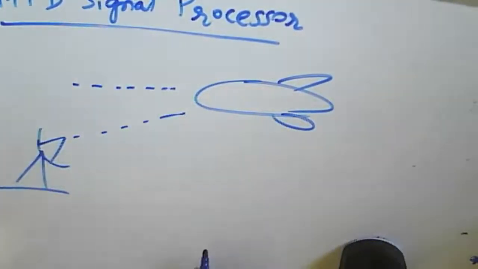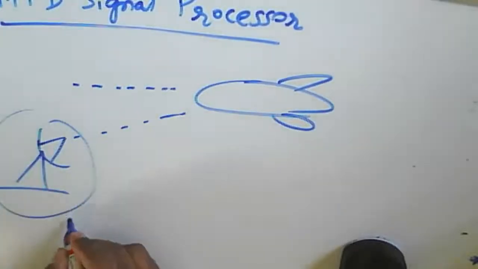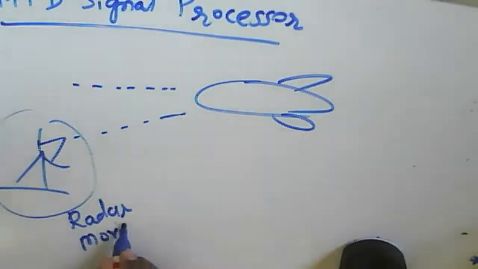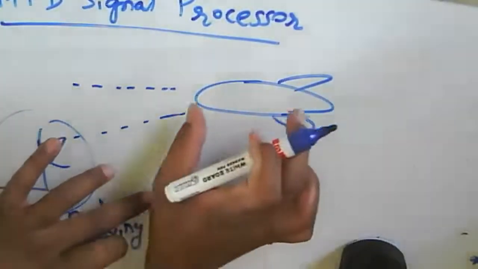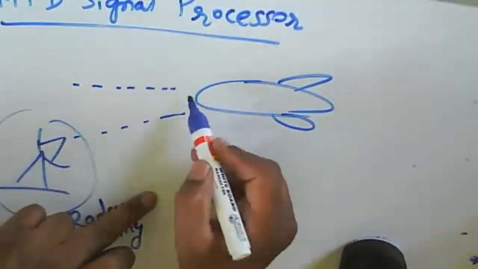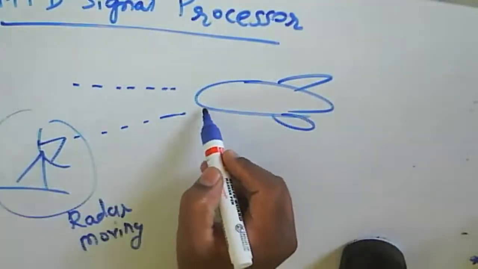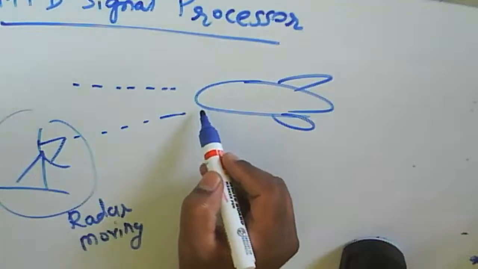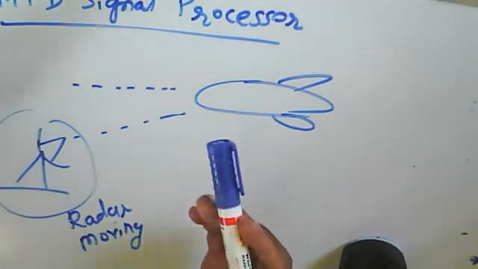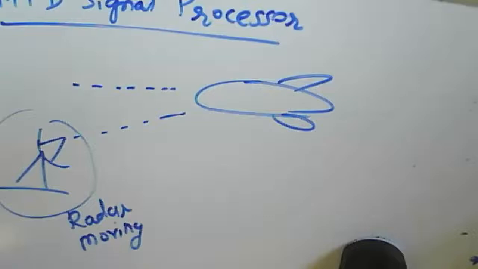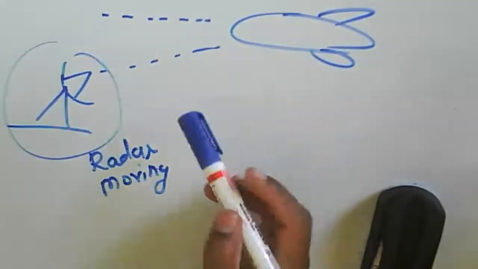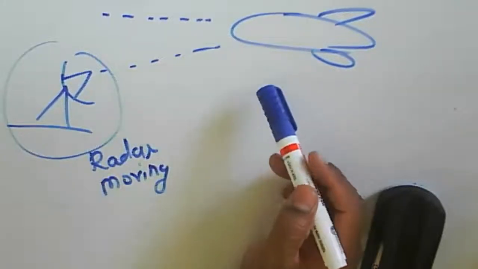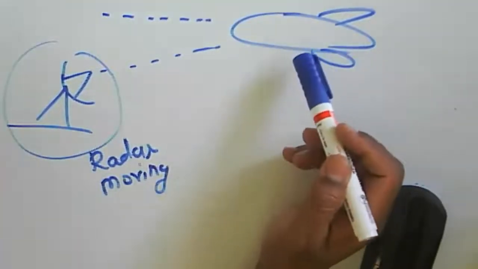But if the radar is moving, then how to identify the moving target from this moving radar in presence of clutter? There may be stationary clutter, or there may be unnecessary clutter information. In that case, what will be the Doppler frequency shift from the stationary clutter or from the moving target?